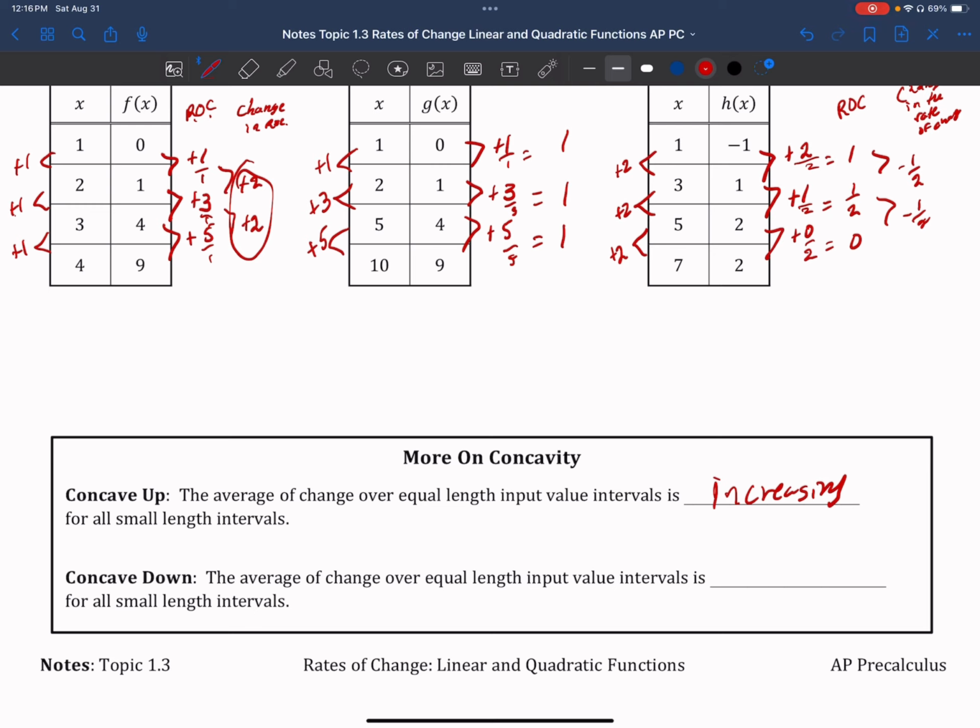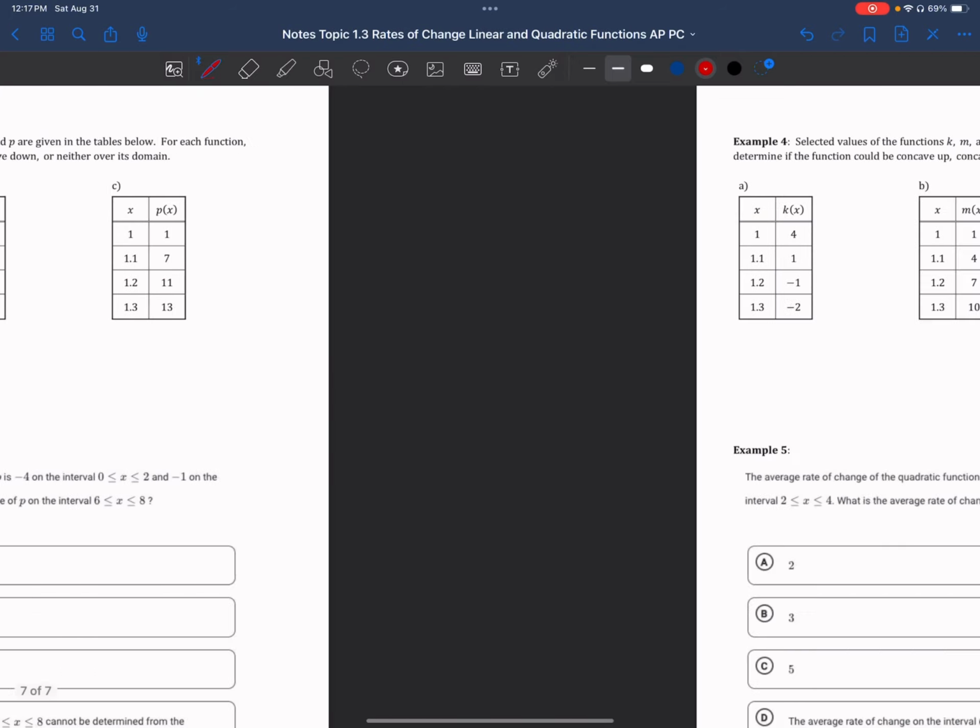If it's concave down, the average rate of change over equal length input value intervals is going to be decreasing. And we're going to use these two definitions to look at tables. And then we're going to use the average rate of change to determine if you're concave up or concave down.